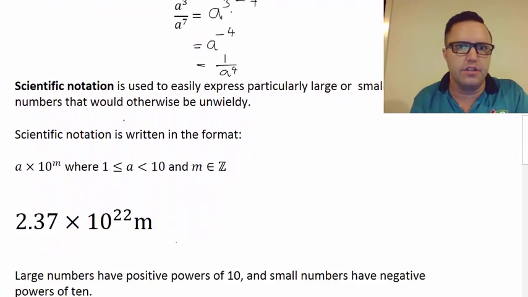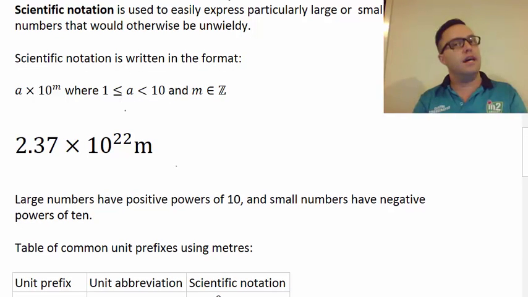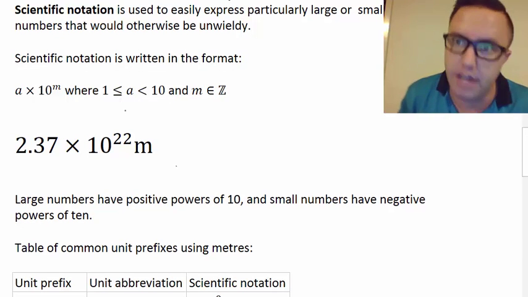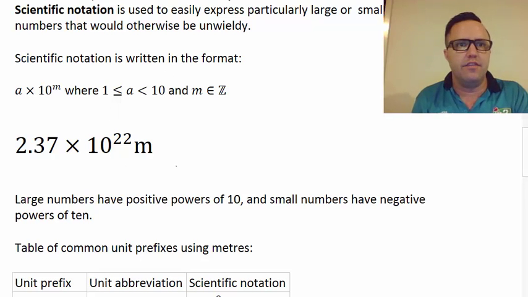Okay, so scientific notation, however, is used to easily express particularly large or small numbers that would otherwise be unwieldy for us to use. Scientific notation has a particular format to it. So I've got some number a times 10 to the power of m, where a is 1 or greater but has to be less than 10, and m is just some number that's an element of the integers.